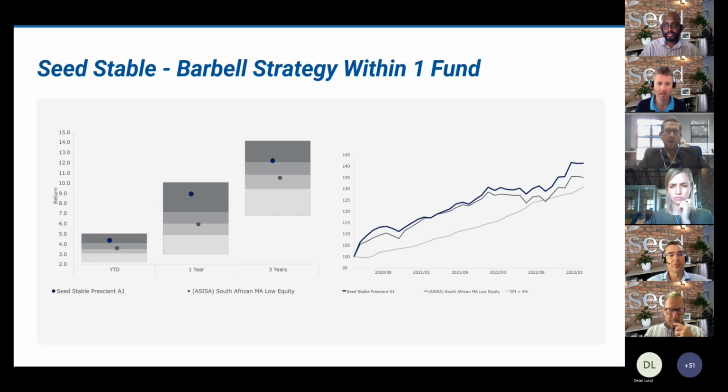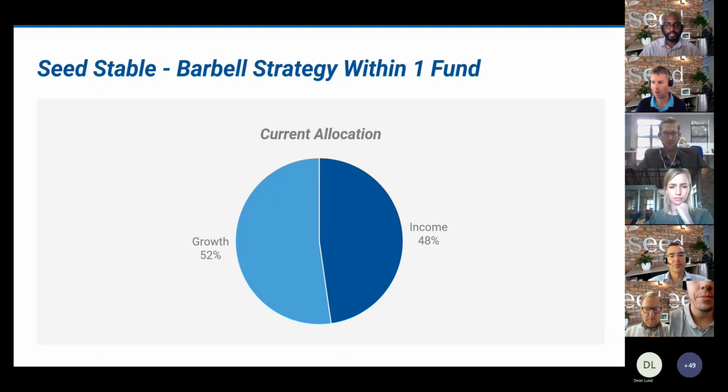And maybe just before we move on to the next slide, we often talk about the barbell approach. Arjan and Migs will have spoken to you about mixing high growth strategies with more income strategies. Essentially the stable fund is a barbell strategy within one fund. The fund has a portion allocated to growth strategies and the rest to income strategies.